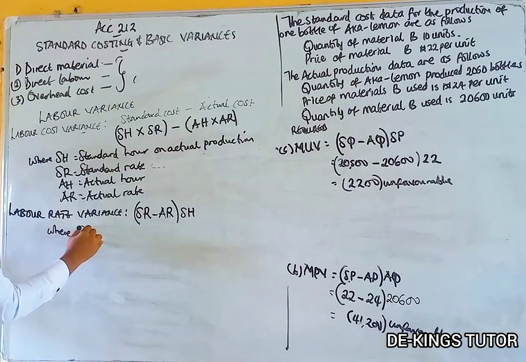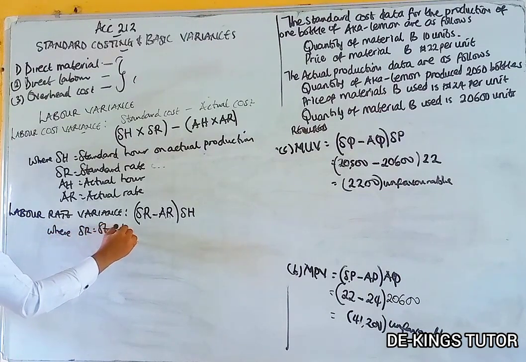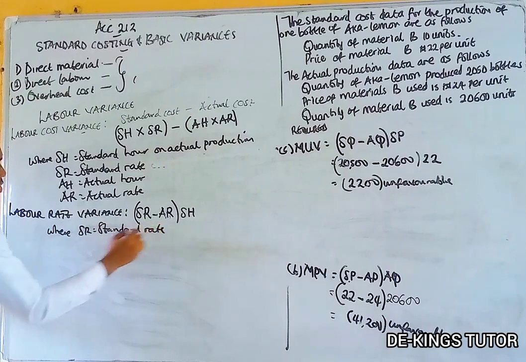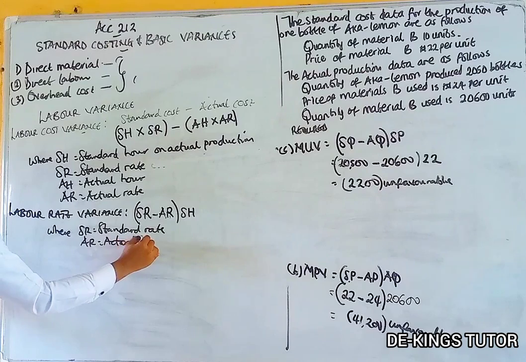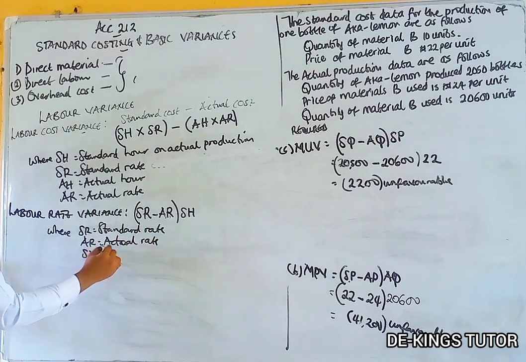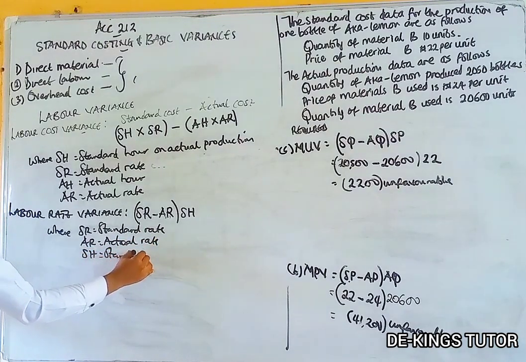Where SR is the same thing as standard rate, AR is actual rate, and SH is standard hour.